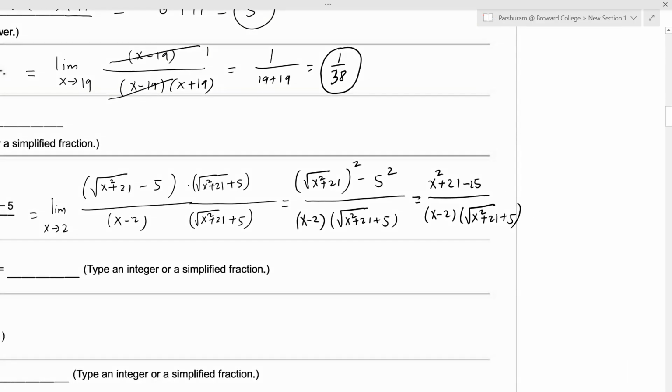Keep simplifying the top part and you will get x squared minus 4, which is actually x squared minus 2 squared. So you can use the difference of squares formula one more time. You can find the factors on the top as x minus 2 and x plus 2. We already have x minus 2 in the denominator, and there is a square root of x squared plus 21 plus 5. Now we can cancel out this x minus 2.